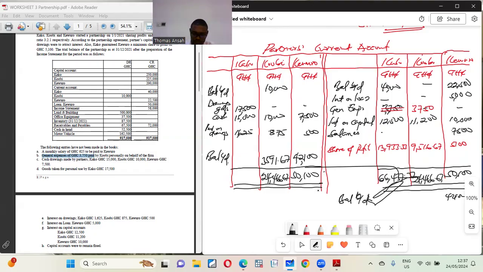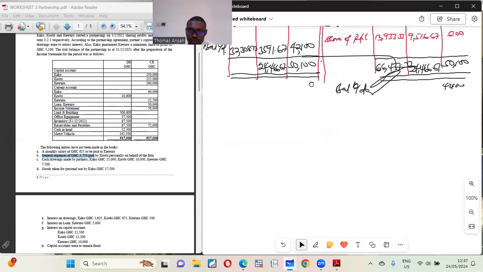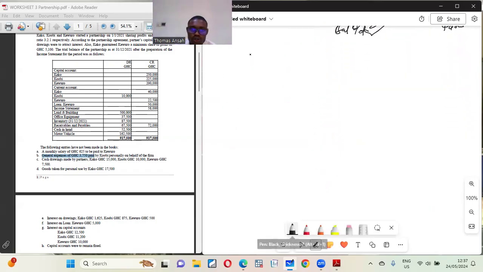Now, if I deduct 15,000 and minus 1625, what I have is 32,308.33. So that is what I have. Then I prepare my balance sheet straight away. So we have Kako, Kobe, and Pehuro.